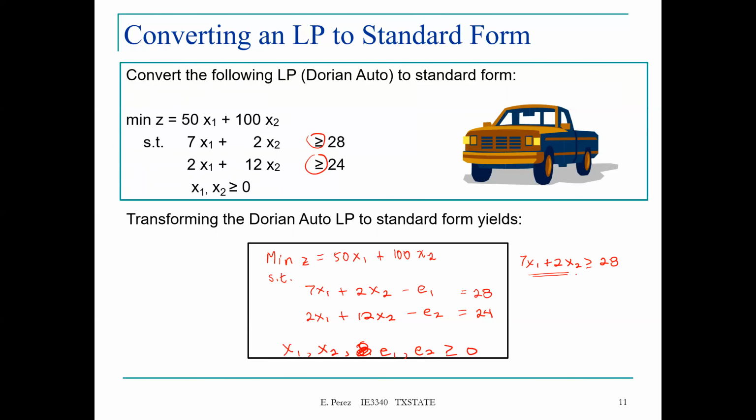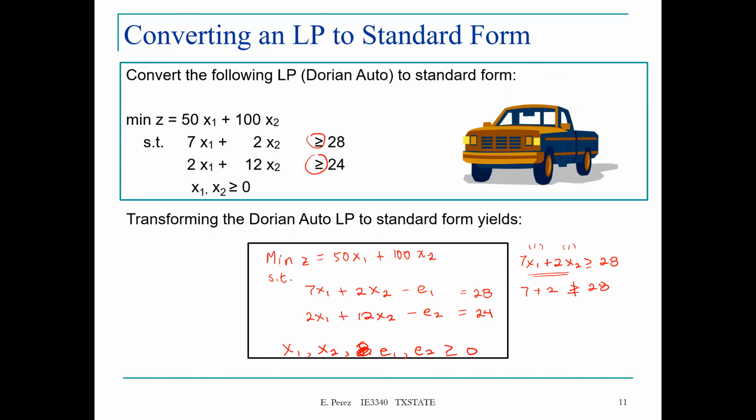But let's say that for some reason you cannot achieve that amount. Like you get 1 and 1 here, so that's going to be equal to 7 plus 2, which is not greater or equal to 28, right? That's not the case.